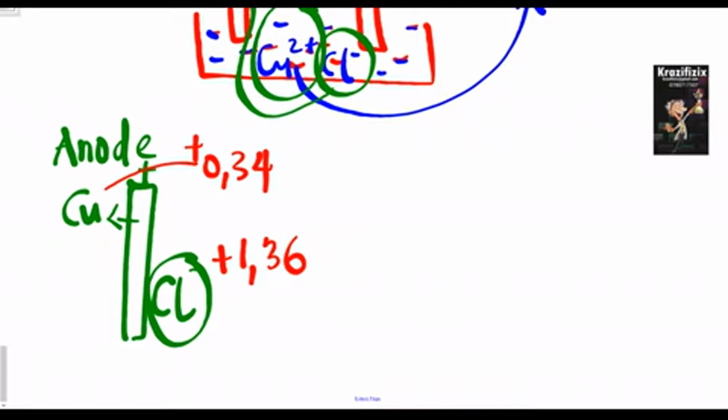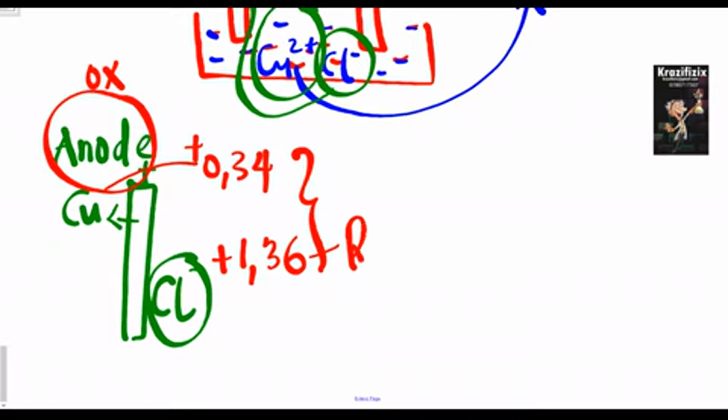All right. Now that we have two, but remember that at the anode, oxidation takes place. So with our knowledge, the more positive one will be reduced. So this one will be reduced, while this one will be oxidized.